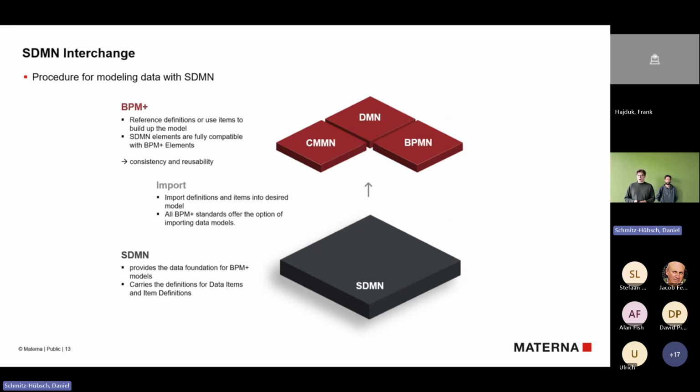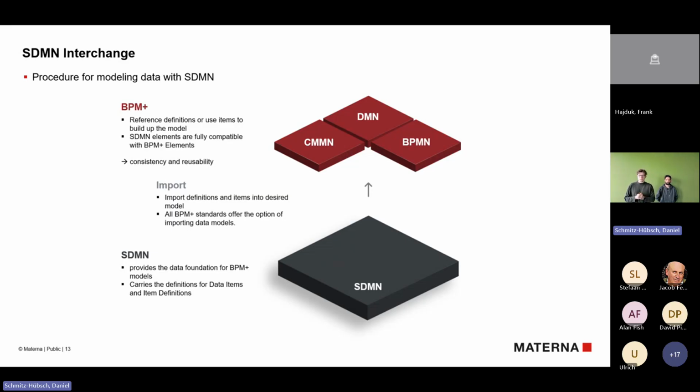Let's now take a look at how we integrate this into our models, or how the procedure would look for modeling data with SDMN. First, we define our data items and item definitions inside SDMN. Then we can import these definitions and items into our desired model.